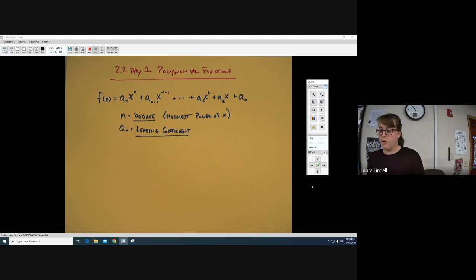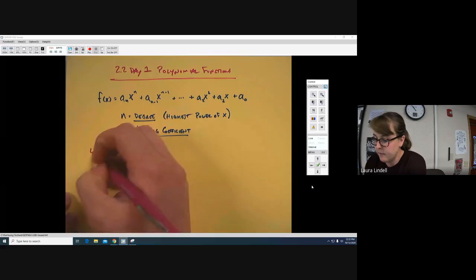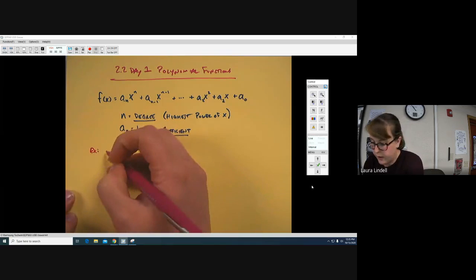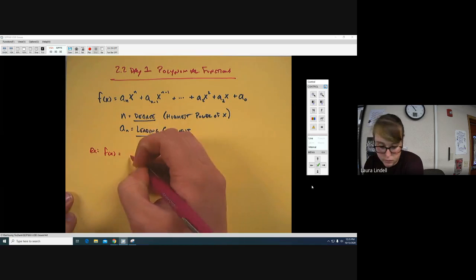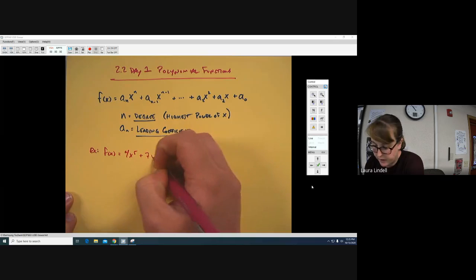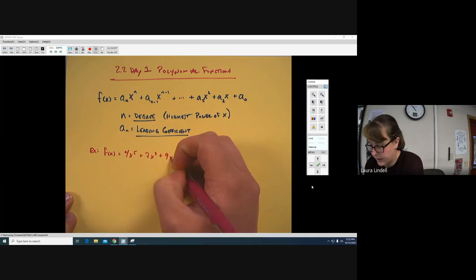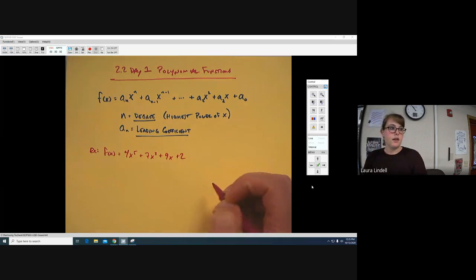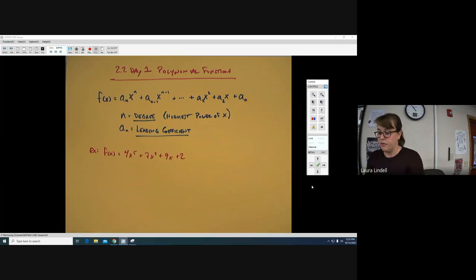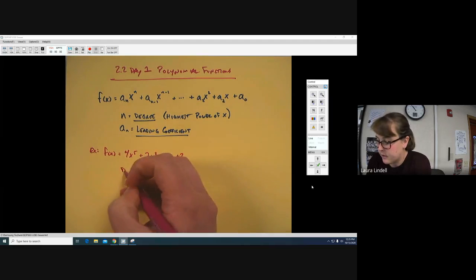So for example, if we were asked to just find the degree and the leading coefficient, we had f of x equals 4x to the 5th plus 7x squared plus 9x plus 2. We had something like that, and we were asked what is the degree? Well, the degree is the highest power of x.